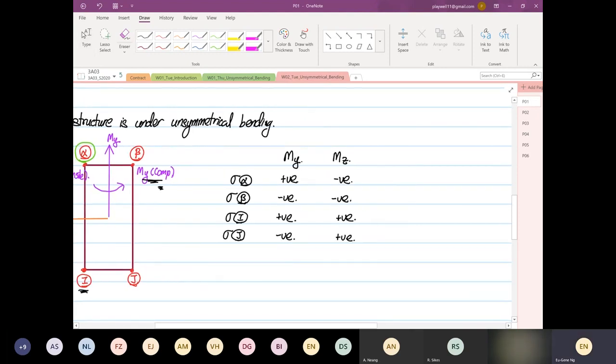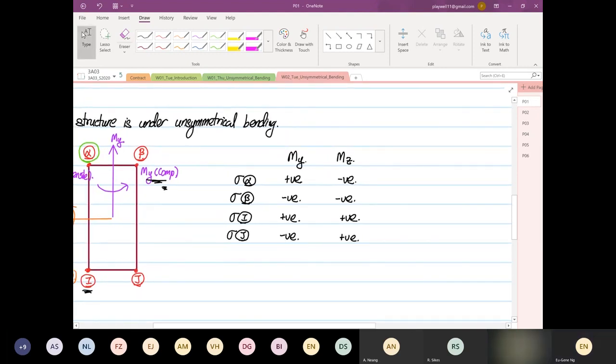So if you look at the direction of the moment inducing what? Stresses, we realize that point beta has the maximum compression. And then we realize that point I has the maximum tensile, right?